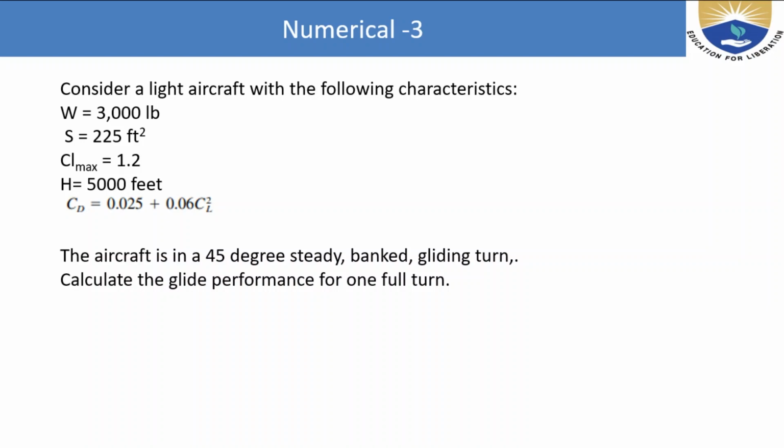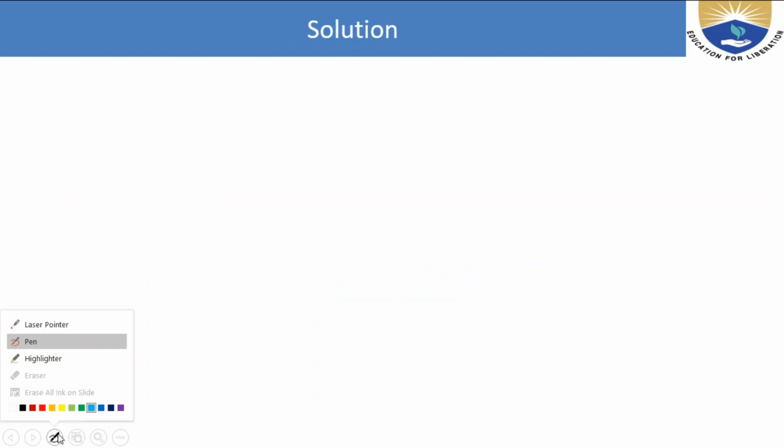The aircraft is in a 45-degree steady banked gliding turn. Calculate the glide performance for one full turn. So now we will see for this. We will first write the given parameters.